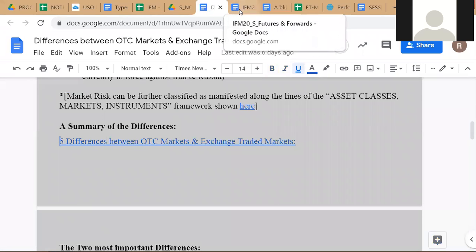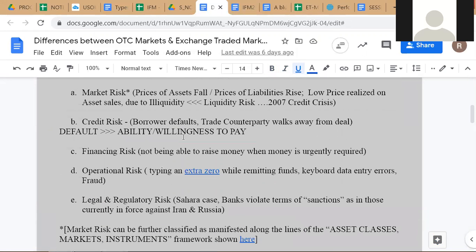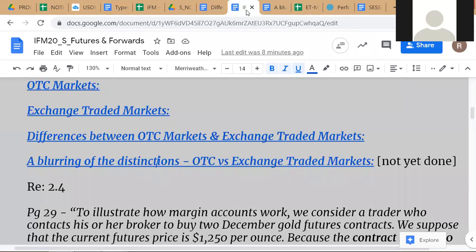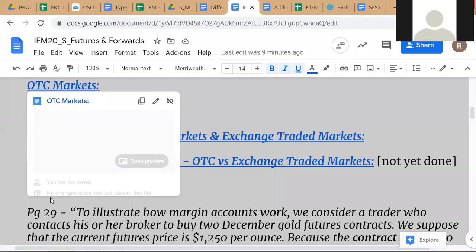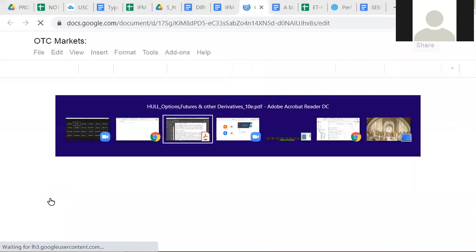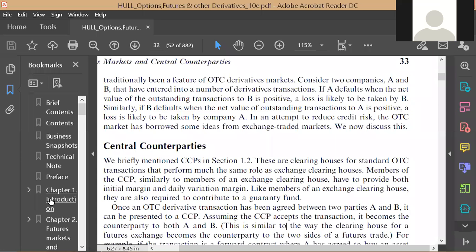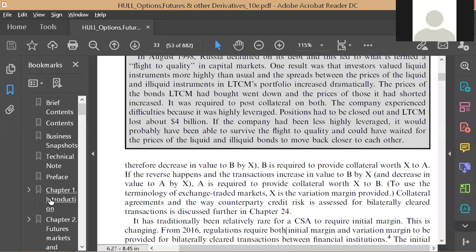If you see, there was a chart that we had under OTC markets. I want to just open that chart. Actually, we don't need to open it because a similar chart is there here.